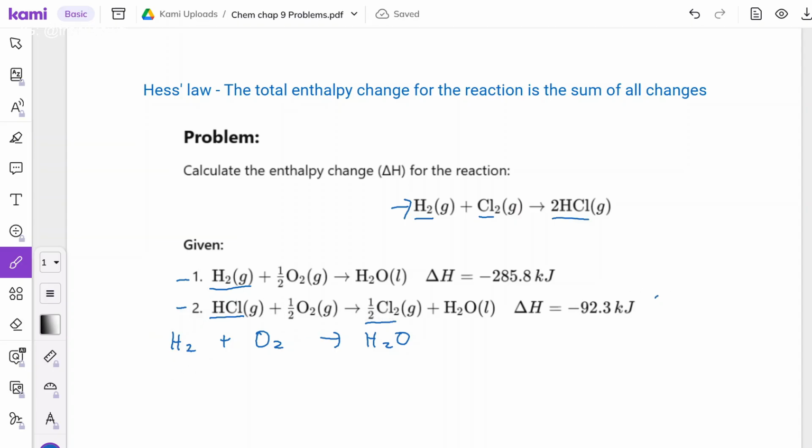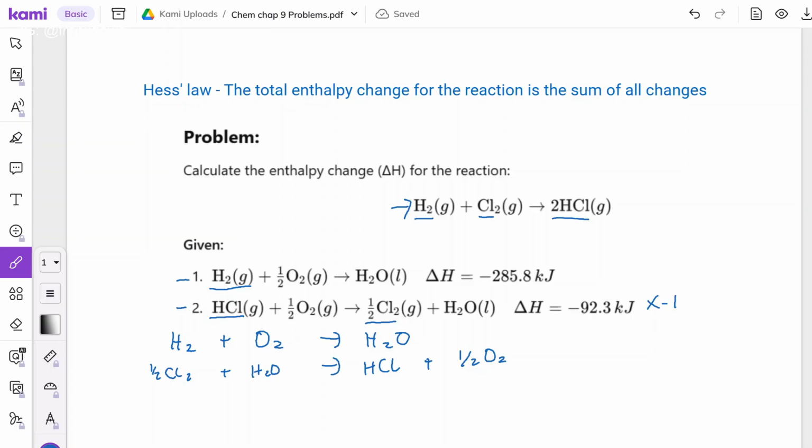And when you do that, you multiply this one by -1. And then when it goes to the other side, 1/2 Cl2 goes on this side plus H2O. And then it gives you, over here, HCl, which is finally in the right place, plus 1/2 O2.